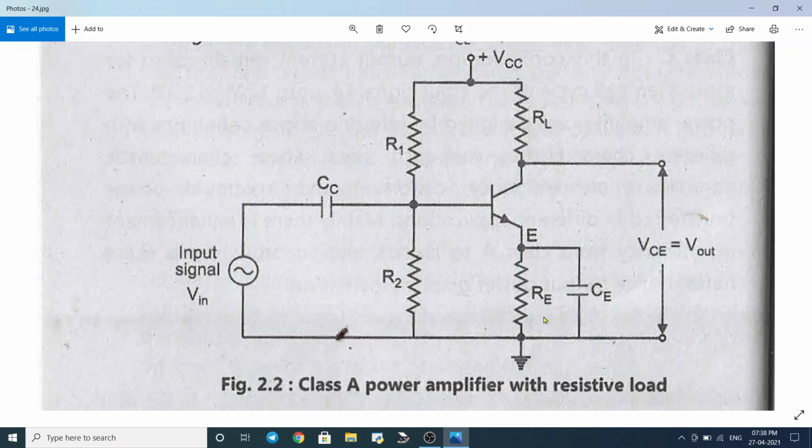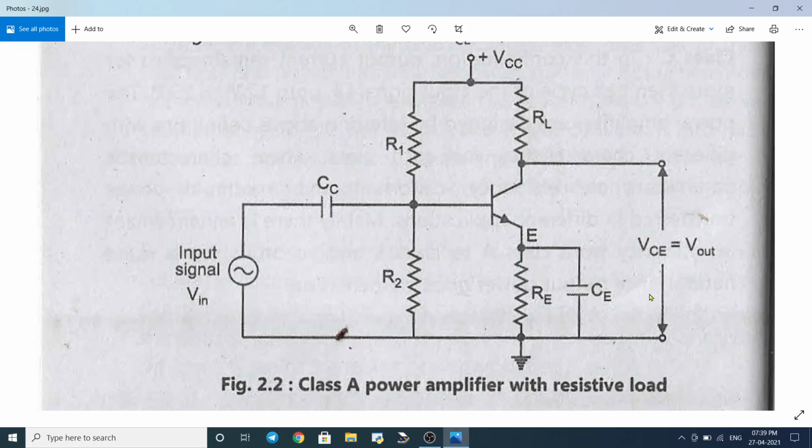Here this is the collector resistor, and in that circuit here it was the collector resistor. This is the emitter resistor, and here it was the collector resistor, and we connect the load here. But now in this circuit the load is connected directly between the collector terminal and VCC.